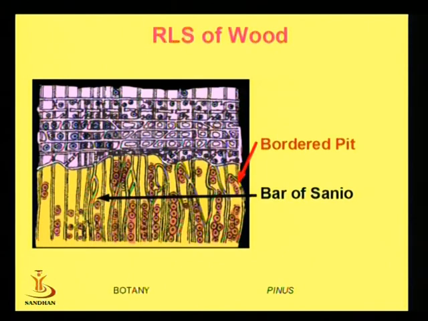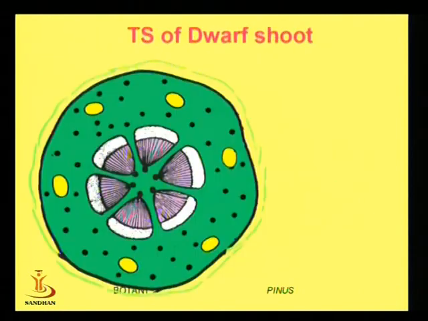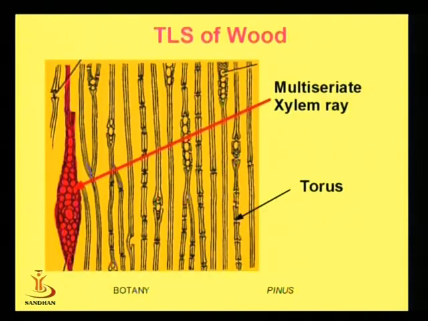In the RLS one can see the bordered pit and bar of Sanio, as well as the ray tracheids and ray parenchyma, while in the case of the TLS of the wood one can see multiseriate xylem rays and the torus. So this is the difference between TLS and RLS of the wood in the case of Pinus.